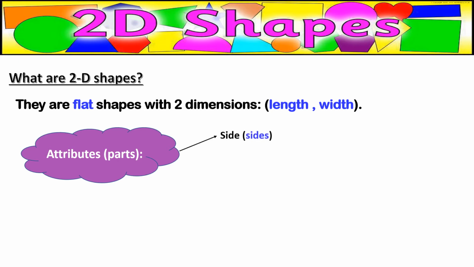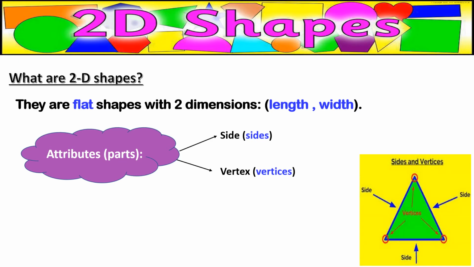First part, side, and its plural is sides. And second part, vertex, and its plural is vertices. Like this photo, we have here a 2D shape with many sides and some vertices.